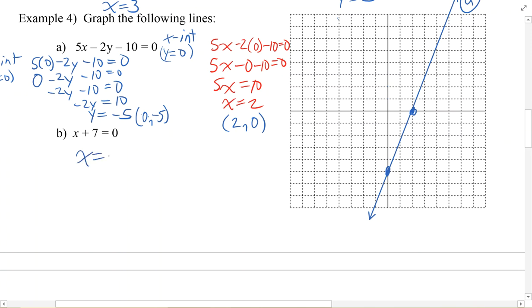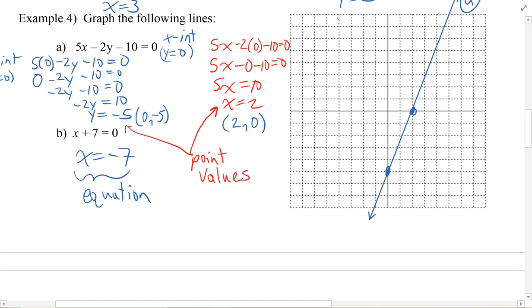This is different now because this is now an equation. Okay, so when we have a special equation, it's saying that the line crosses at x equals negative 7.